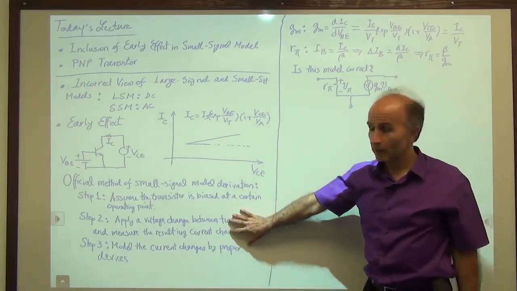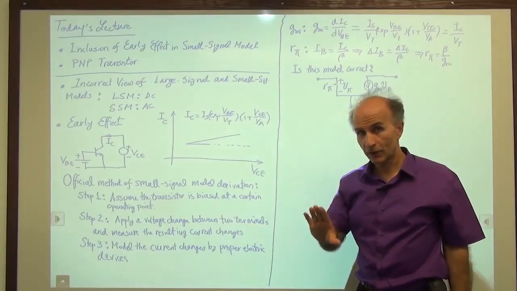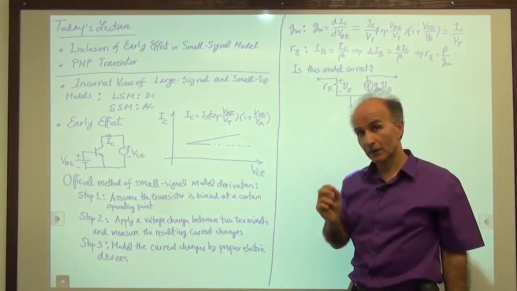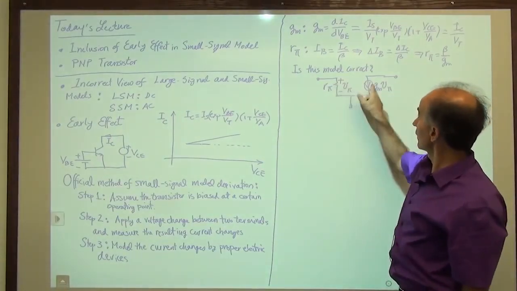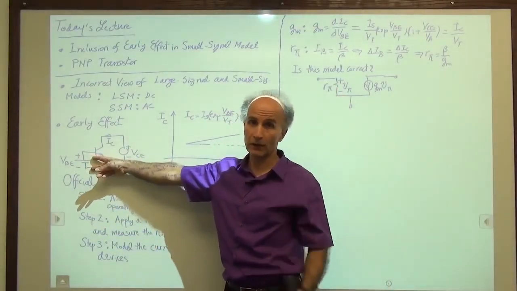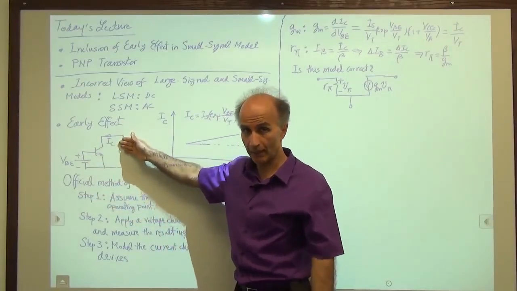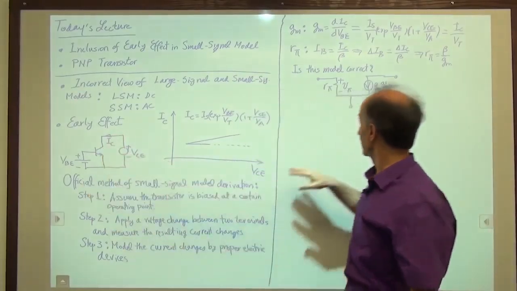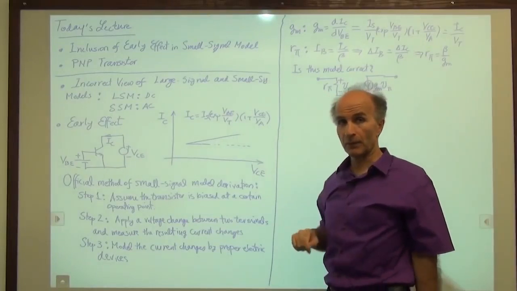So for that, we go to our procedure. The procedure said, apply a voltage change between two terminals and measure the resulting current changes everywhere. What we have done in arriving at these was to change this base emitter voltage, right? This is what we did earlier. The base emitter voltage is changed. The collector current changes by gm times that change. Then that's the current source that represents that. We divide that by beta. We got that for the base.